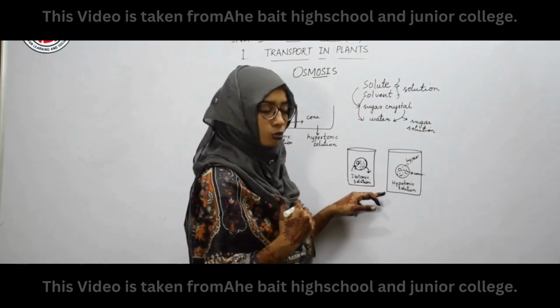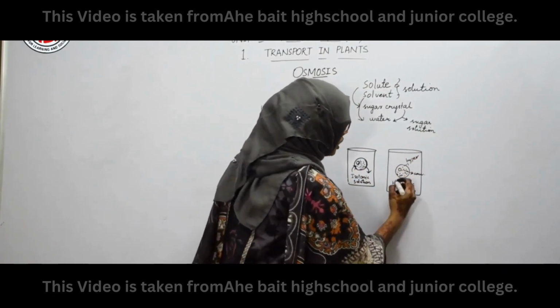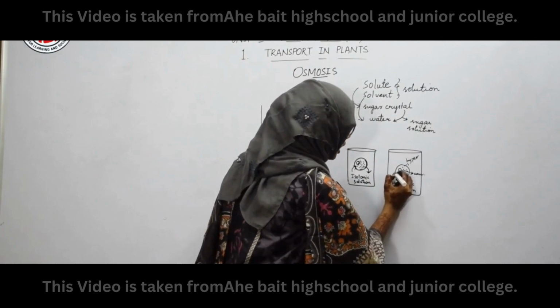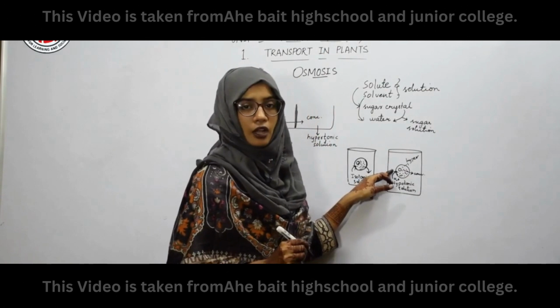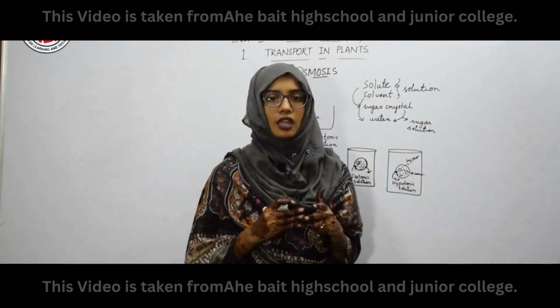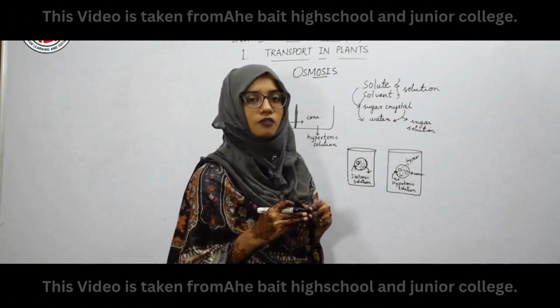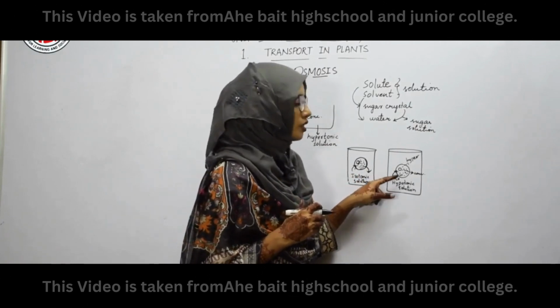Water always moves from hypotonic solution to hypertonic solution. Therefore, the water molecules in the hypotonic solution enter the cell. When the water moves into the cell, it swells up and becomes turgid because of the extra amount of water that has gone into the cell.